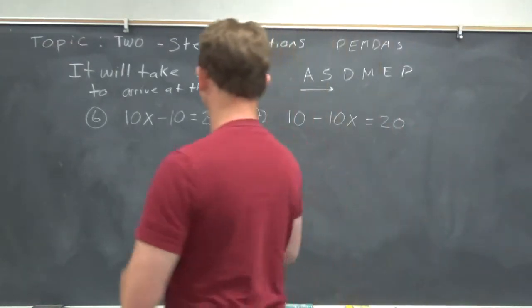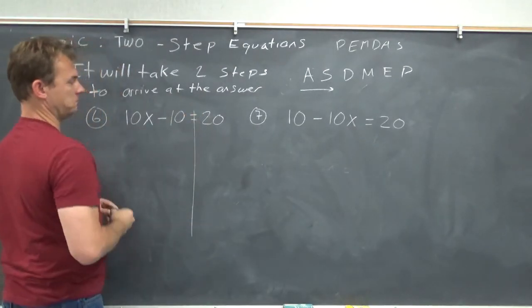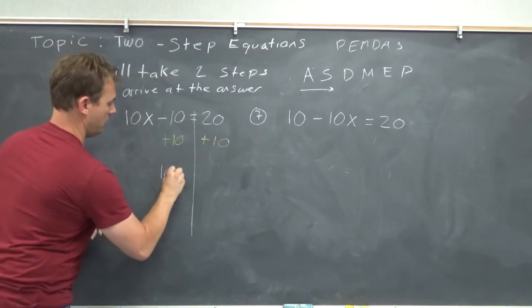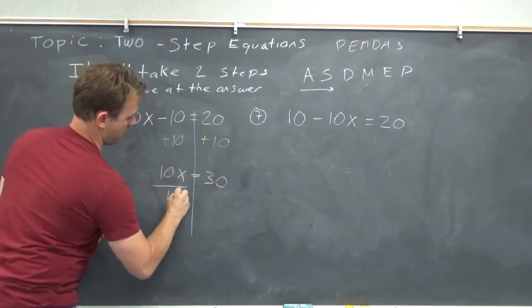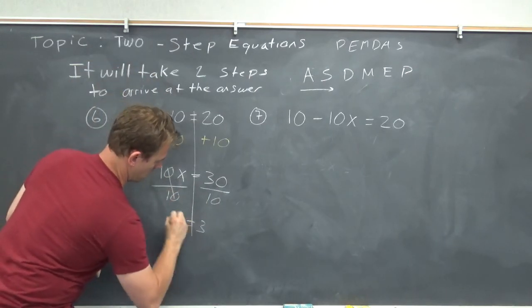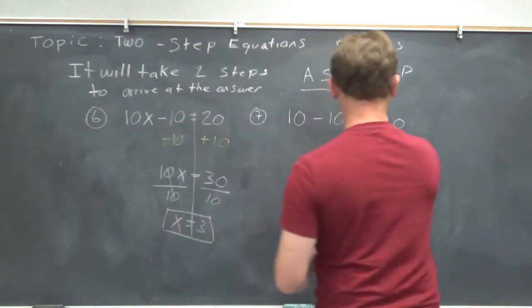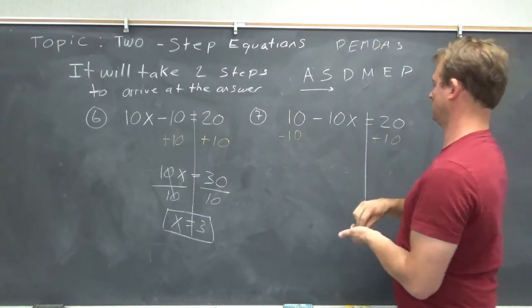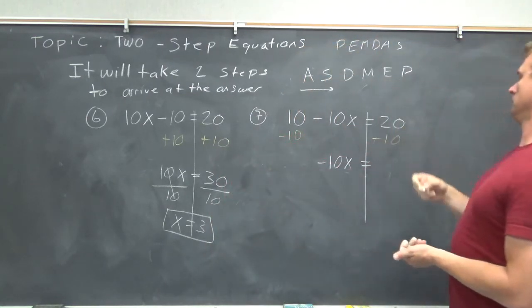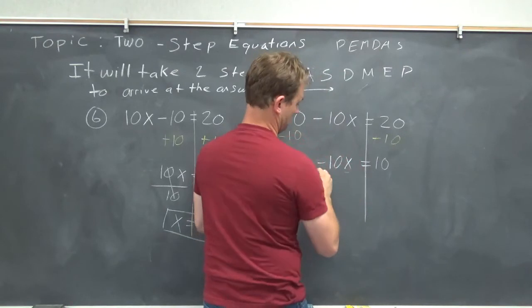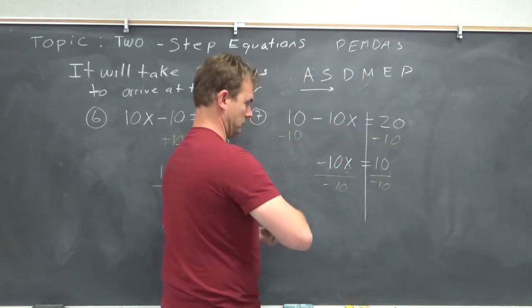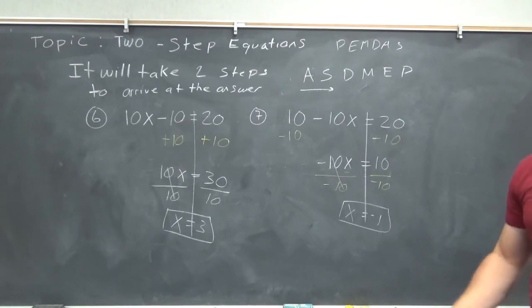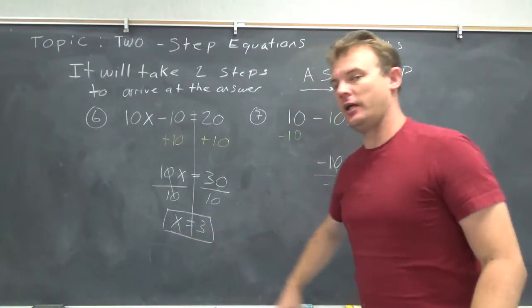Okay, so here we go. Hope you got those. You should have 3 and -1.